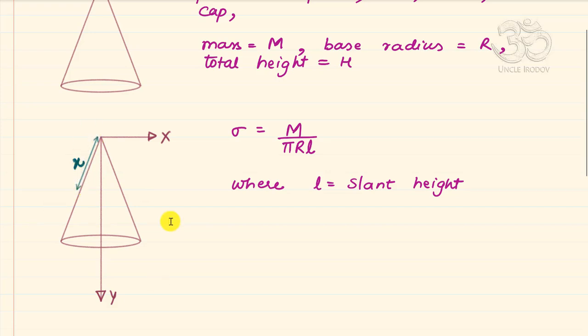So there is a small increment in this distance which is equal to dx. And the small element which I have got, a small ring shaped element, will be on the surface of this conical cap, which will look like this. So this is the small ring shaped element that I'm going to get on the surface of this cone.